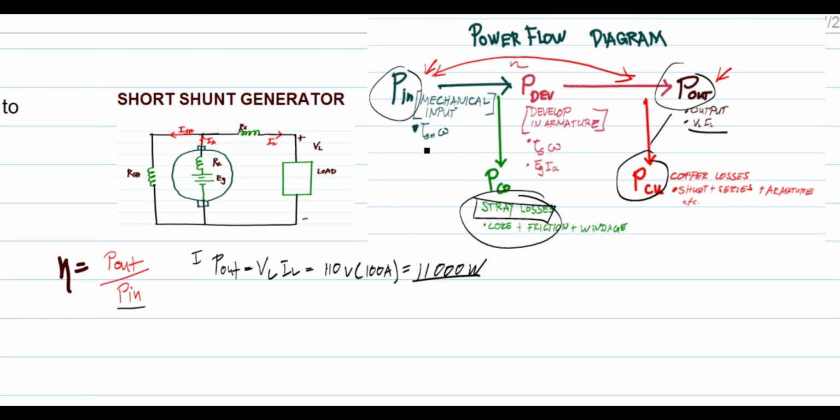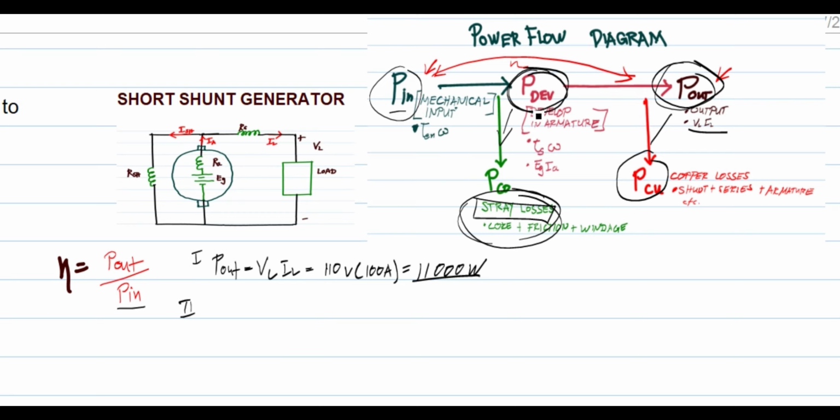But there is also another approach, which is the P developed in the armature plus the stray losses to get the P in. Let's try this first approach. We use P dev, the power developed in the armature, plus the stray losses to get the P in.